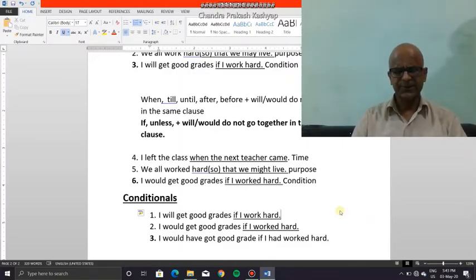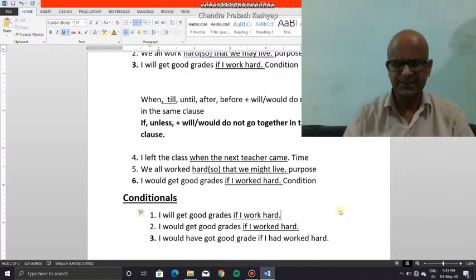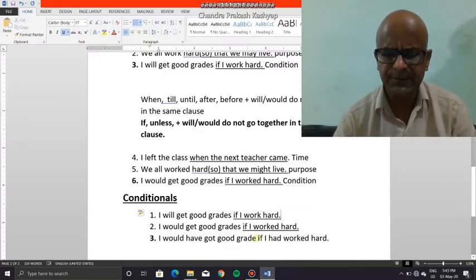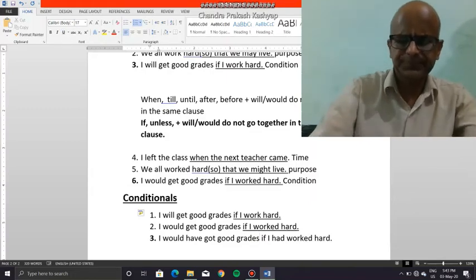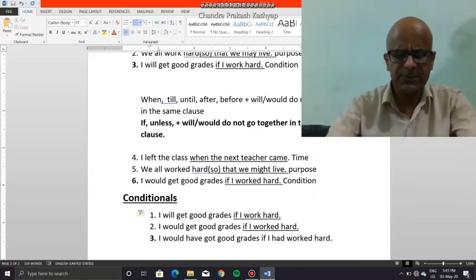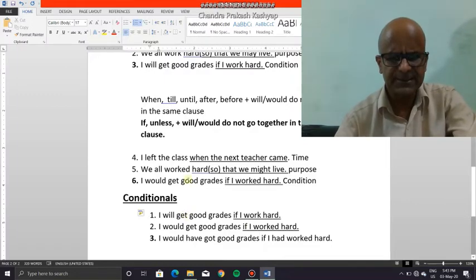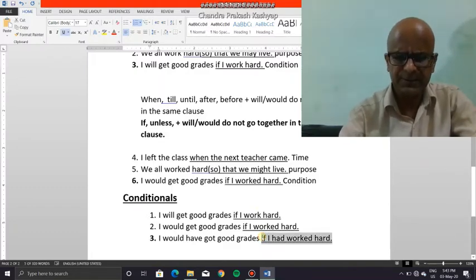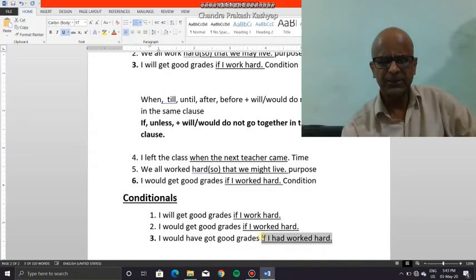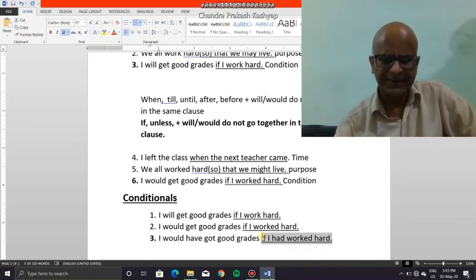And the third reads, I would have got good grades if I had worked hard. Now here, what is important for you to understand is, in all these three cases, the subordinate clause has been underlined and the main clauses remain ununderlined.